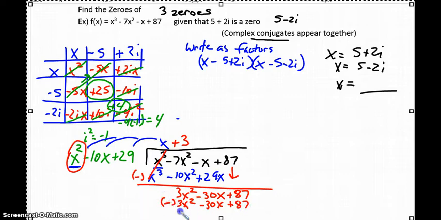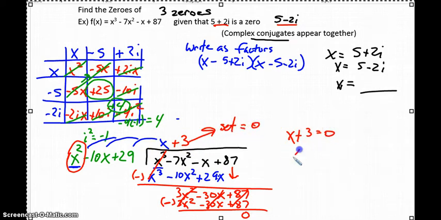When I subtract, what will happen now is every single thing will cancel out. And that's what I want to happen, because I know that since these were both zeros, and when I multiply them together I ended up getting this, that means that this should divide evenly into my original polynomial, which means I should get a remainder of 0. So that now I can figure out what my third 0 is by setting this equal to 0. So x plus 3 equals 0 would mean that my last 0 would be negative 3.